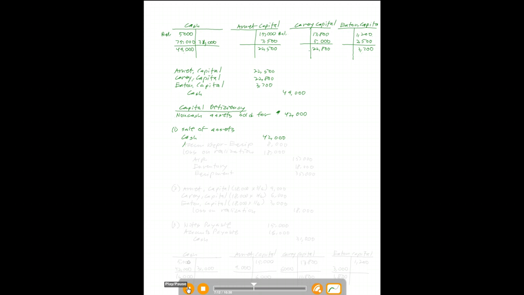We will debit accumulated depreciation on the equipment for 8,000. I mean, basically it's the same journal entry as over here, except instead of having a gain, we're going to have a loss. We're going to have a loss on realization, which we'll come back to and fill in just a minute.